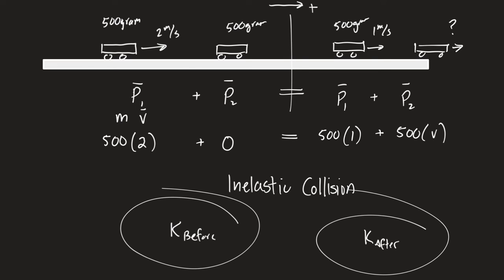On the whole system or on just one of the cars? The whole system: the kinetic energy of the system before the collision and the kinetic energy of the system after the collision.